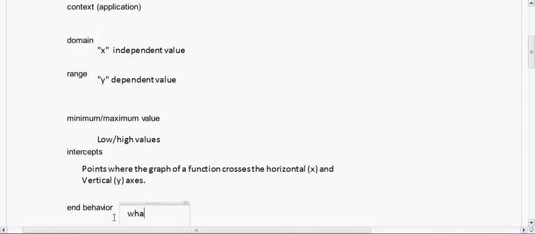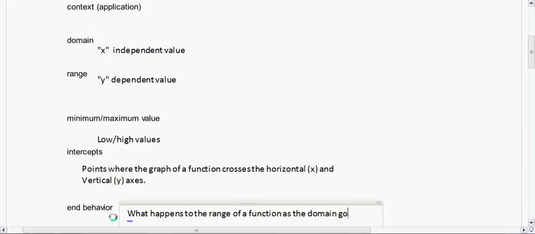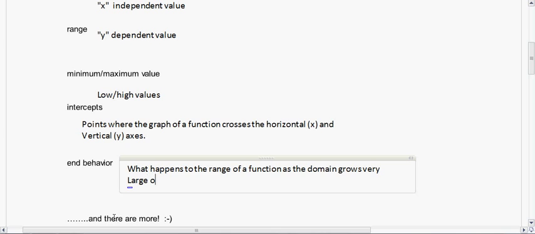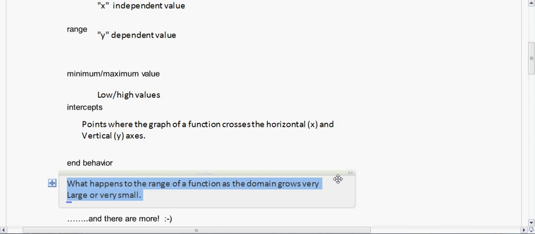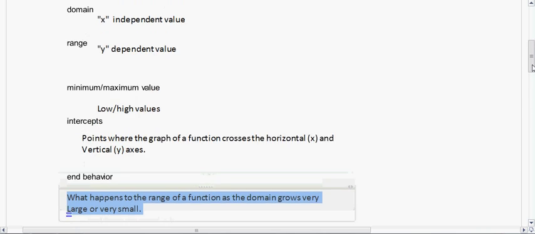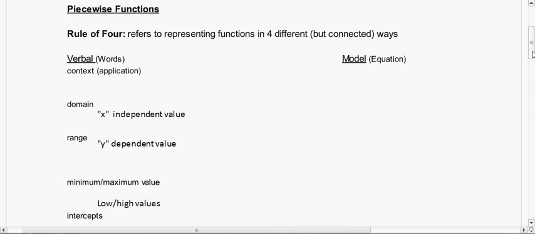So end behavior is what happens to the range of a function as the domain grows very large or very small. So that's end behavior. And this verbal list of descriptions goes on and on and on, but that's sort of some of the general and most common ones. The second part of the rule of 4 is a model or an equation.